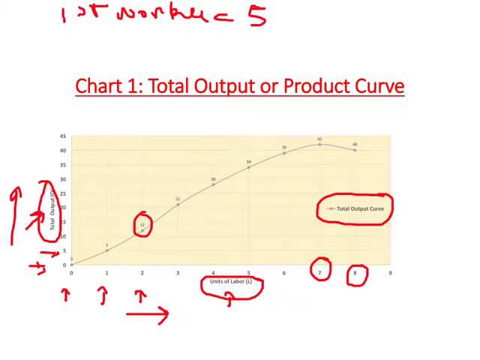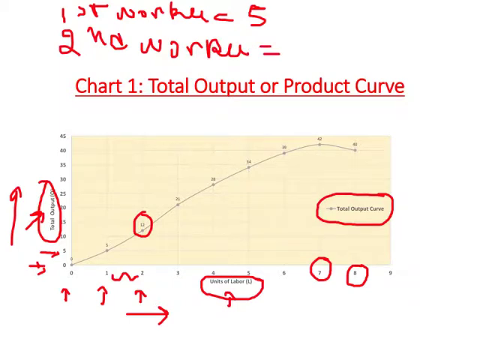How much output is produced by the second worker? So let's write this, second worker. It is 7. And in a similar way, we can find out how much output is produced by the third worker. That will be 9. How much output is produced by the fourth worker, and so on.